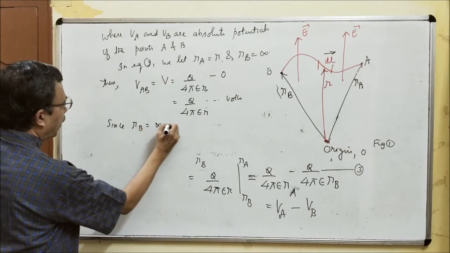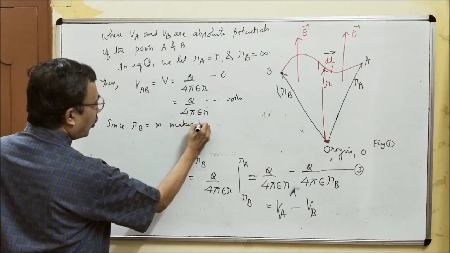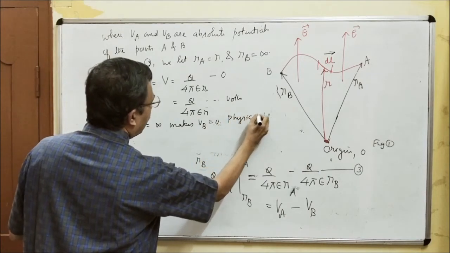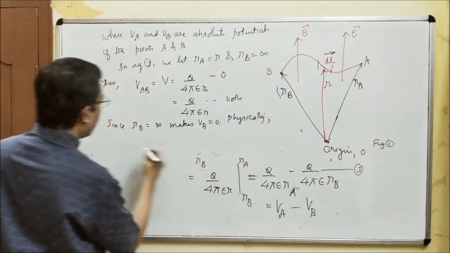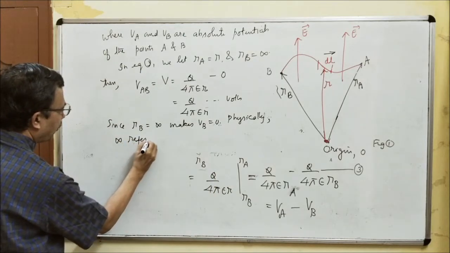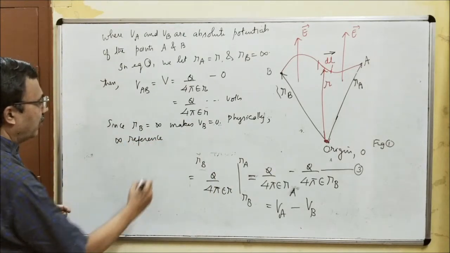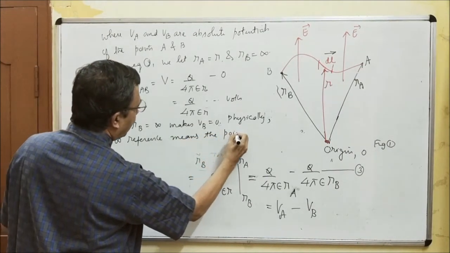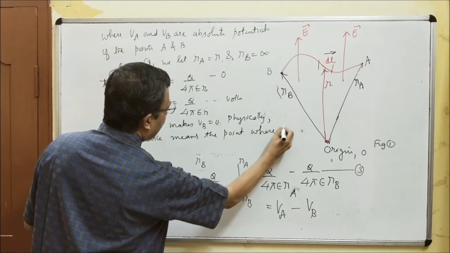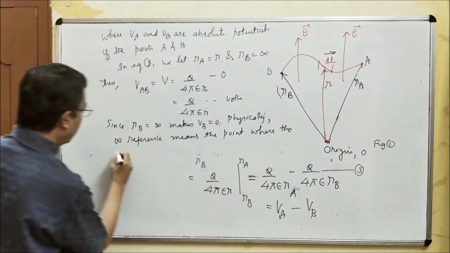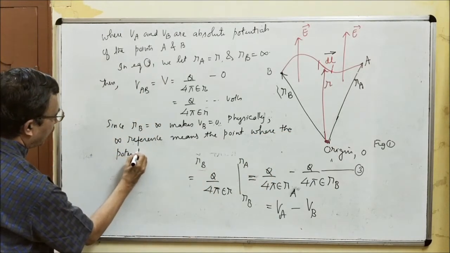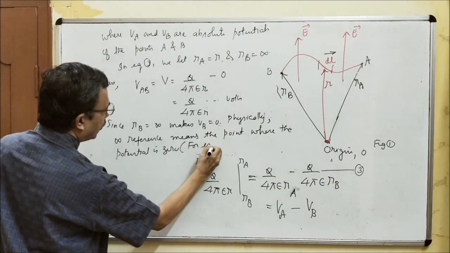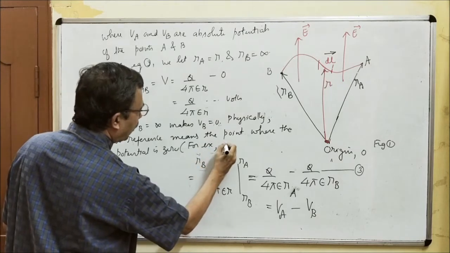Physically, infinity reference means the point where the potential is 0, for example, ground or earth.